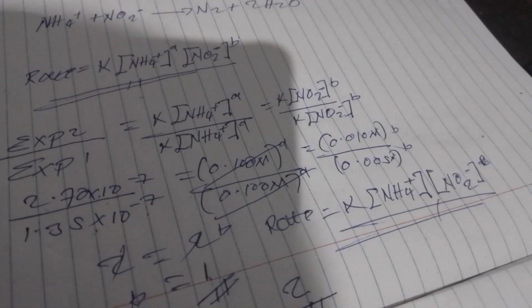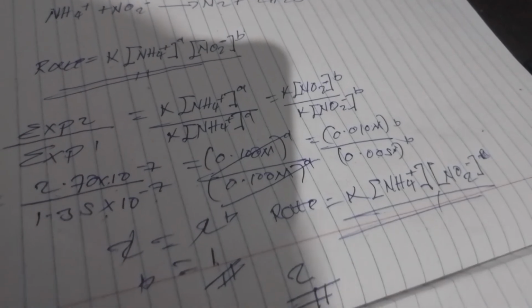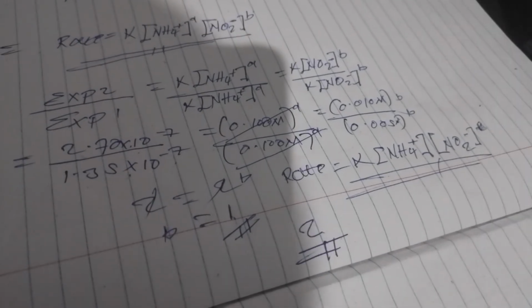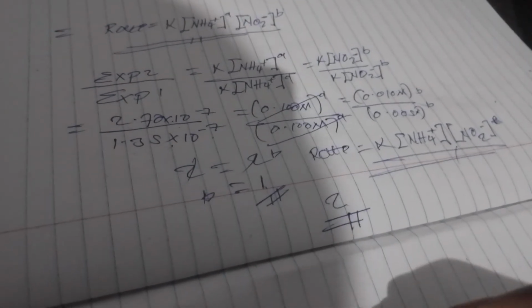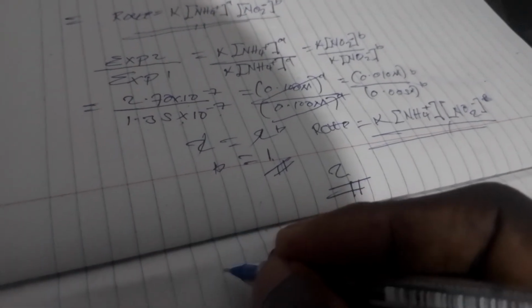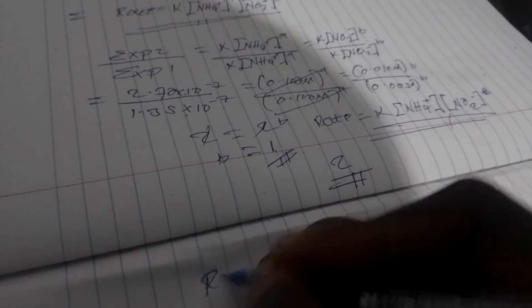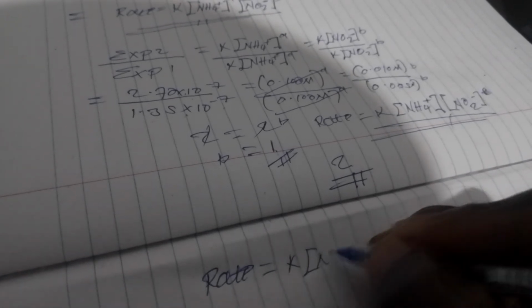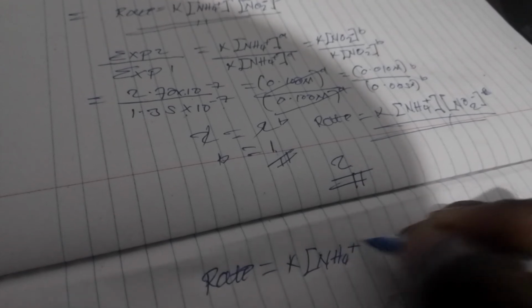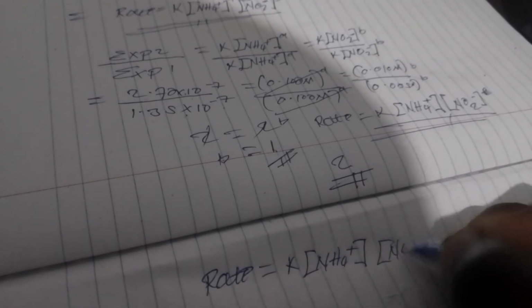For those, for instance, who want to try to find out the value of the rate constant, we go back, using the same formula. Rate is equal to rate constant, ammonium, and also nitrate.